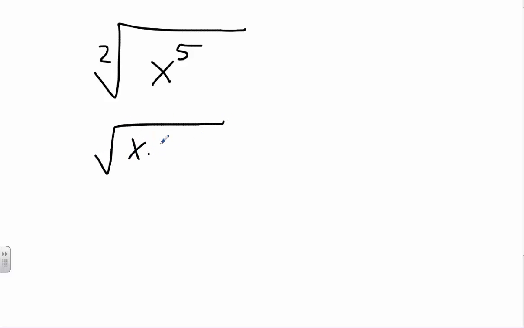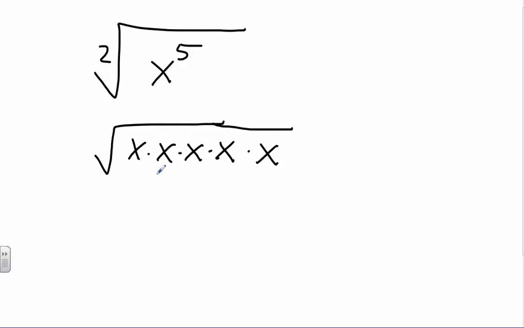We can also do it with variables. Okay. And it follows the same pattern. Since this is the square root, we want to find something that shows up at least twice. So really the square root of x to the 5th is x times x times x times x times x. Okay? Because it's x to the 5th, so it's x multiplied 5 times.